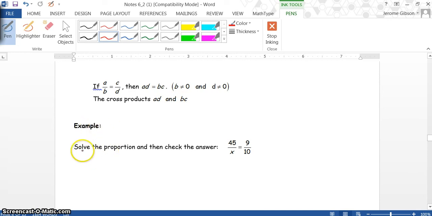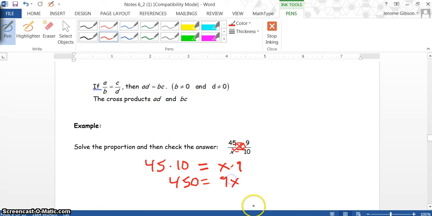Example, solve the proportion and then check the answer. So we would do the proportion here. We would take 45 times 10. So we have 45 times 10, and then it will be equal to x times 9. Now 45 times 10 is 450, and x times 9 is 9x.